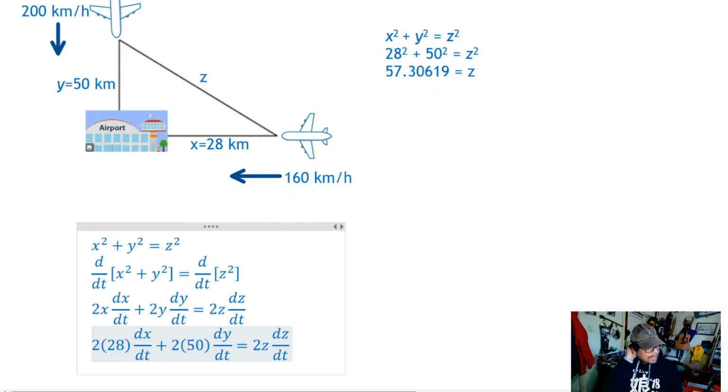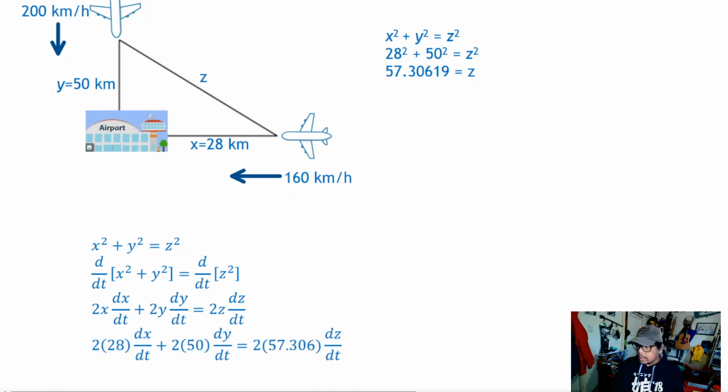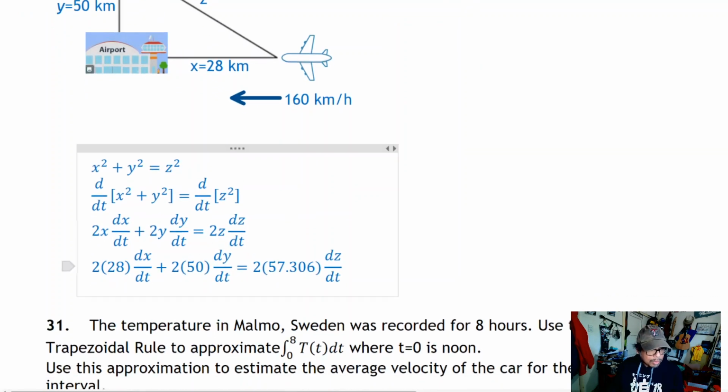We also have a value for z. z was 57.306. Remember that even though I'm only writing 57.306, I do have that entire number stored in my calculator, so I'm not going to use this truncated version of the number. I am going to use all the digits of the number, or as many digits as my calculator can hold on to.